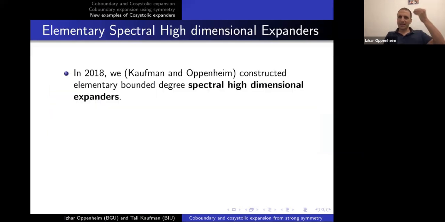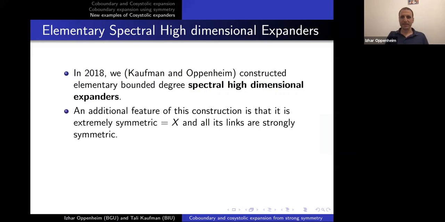Now, applying all this machinery to our examples: we had this 2018 elementary construction of spectral high-dimensional expanders, and an additional feature is that they were extremely symmetric. All the links were super symmetric, so symmetry was not a problem.